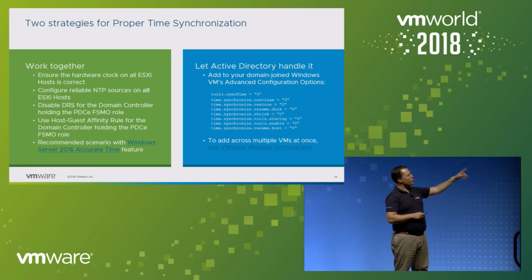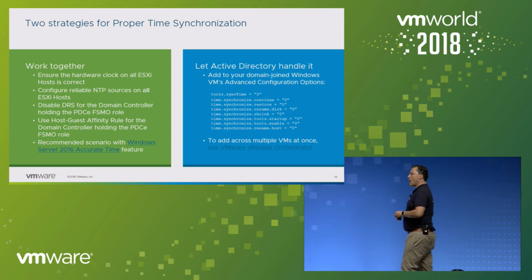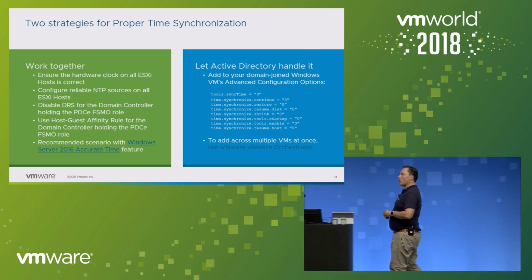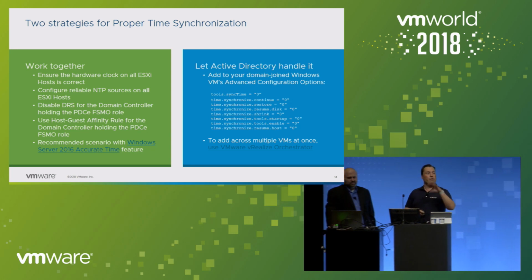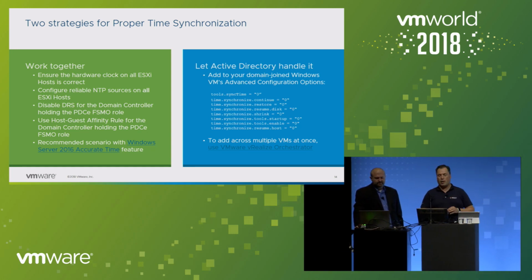Cool. So there's two strategies that you'll be able to use to get time correct on your domain controllers as a priority and then throughout your virtualized environment. The left one is to make the Windows time hierarchy and the virtualization host sync, all that stuff, work together.